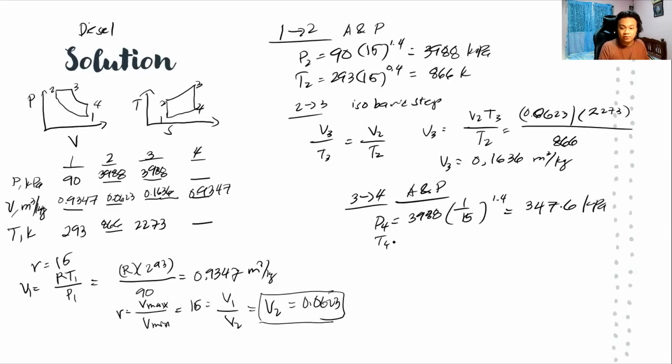And also T4: T4 is equal to 2273 times still 1 over 15 raised to 0.4, and then you can get 1132 Kelvin. So let's list that here, 347.6 and then 1132.